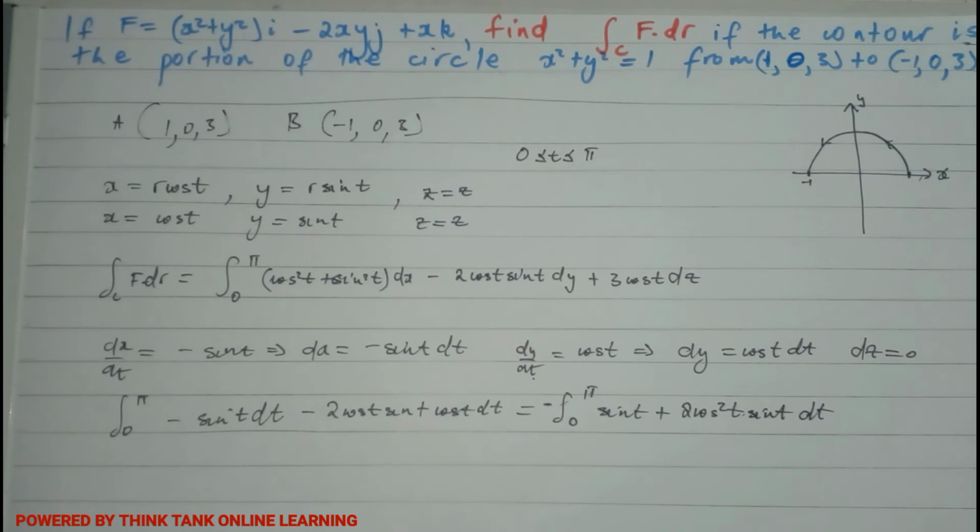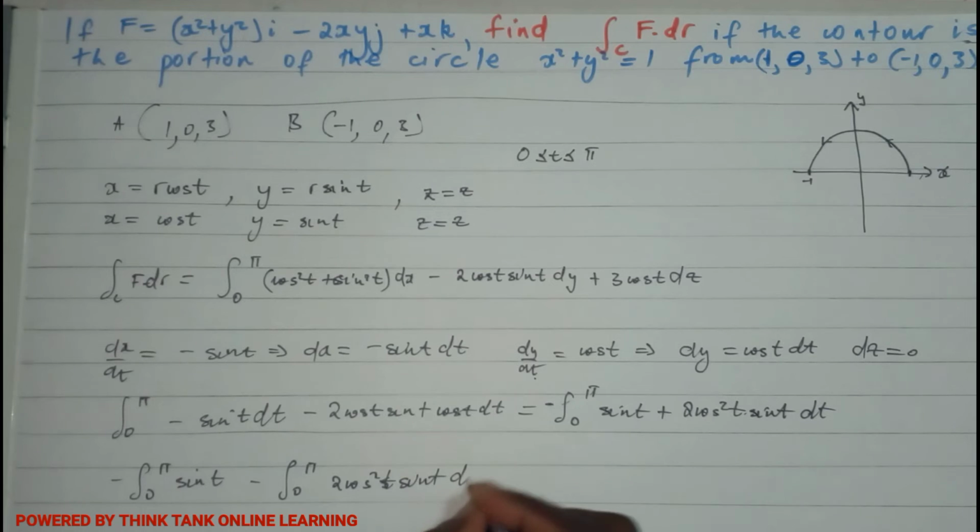Now I want to integrate this separately and this separately. First of all, if you integrate sine, we get negative cos. So we have negative the integral from 0 to pi of sine t, minus the integral from 0 to pi of 2 cos squared t sine t dt.